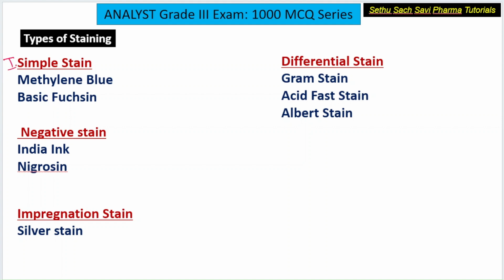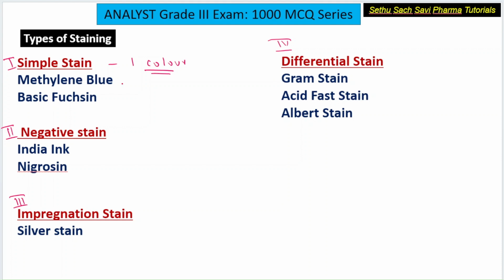One is the simple stain. The second one is called the negative stain. The third one is called the impregnation stain. And the fourth one is called the differential stain. So what is the difference between all these stains? As the word indicates, in a simple stain only one color would be used during the staining procedure. That means the bacteria will get only one color.